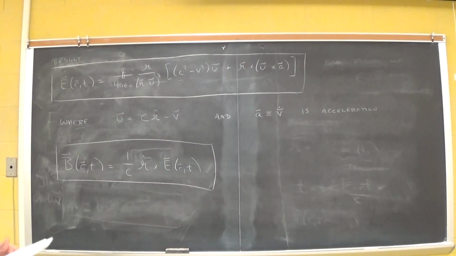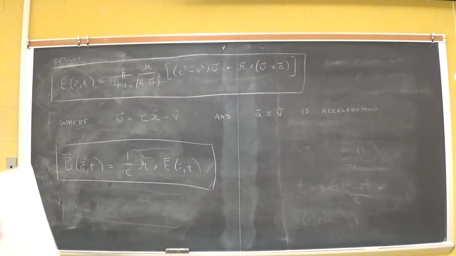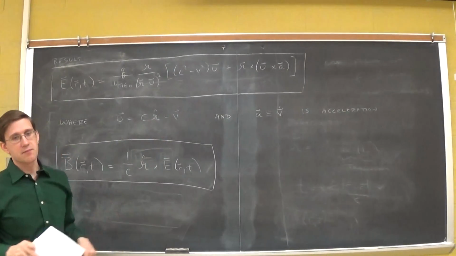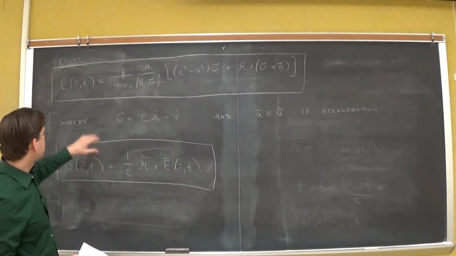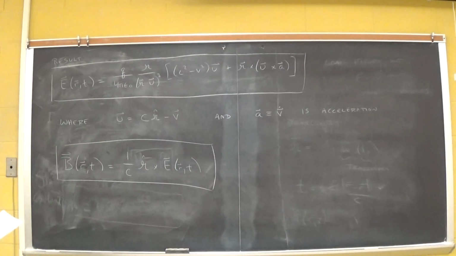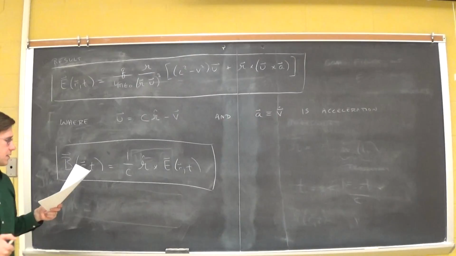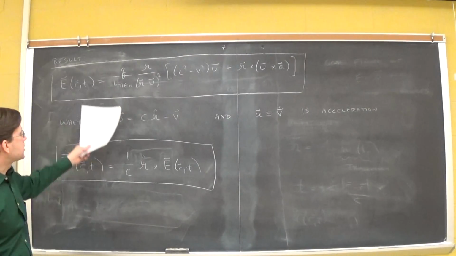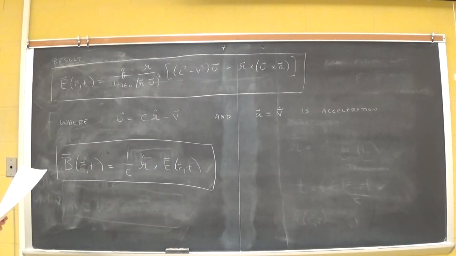So what we've done is take our known potentials, remember the time and spatial dependencies of curly R hat, substitute those in, and calculate our E and B fields. And what we've landed on is, I would say, a pretty remarkable result. These are the total E and B fields of a moving point charge.